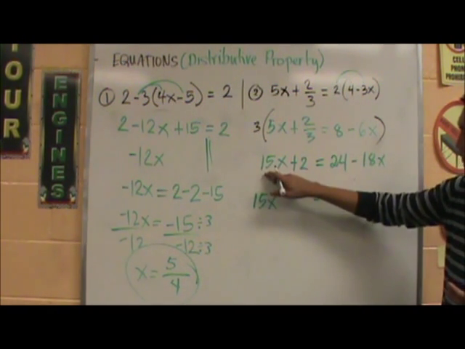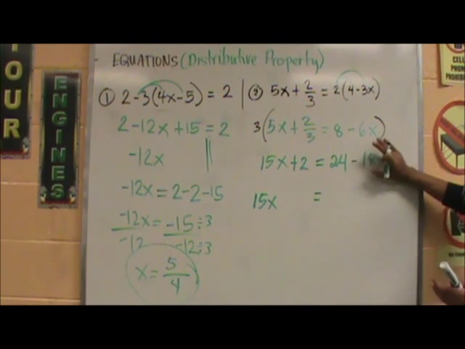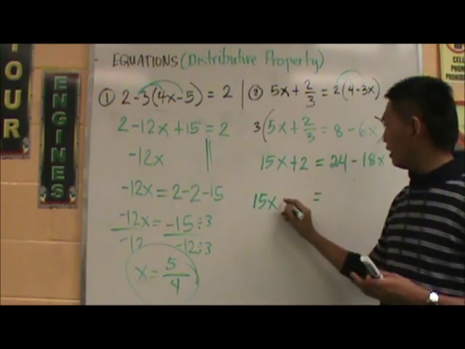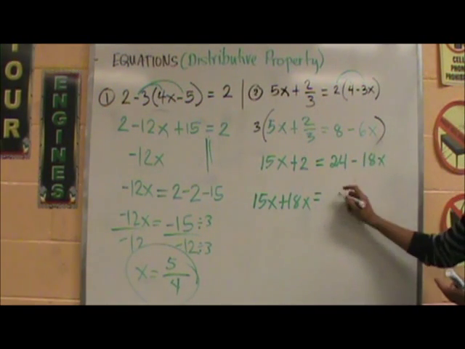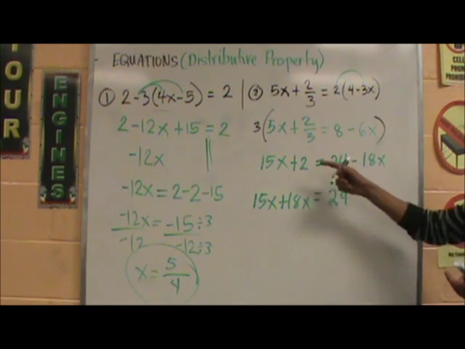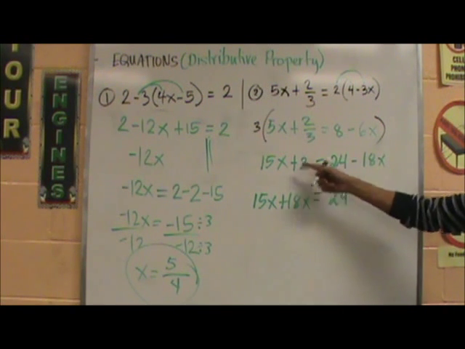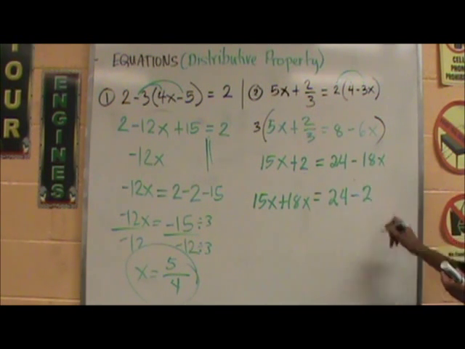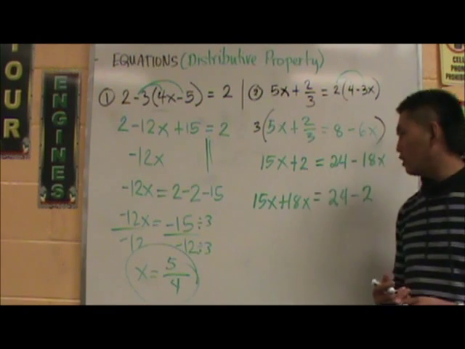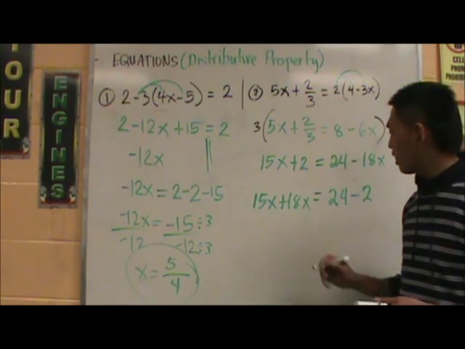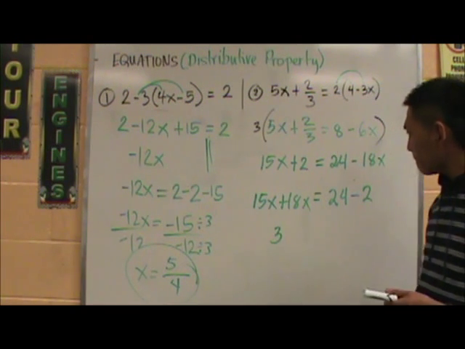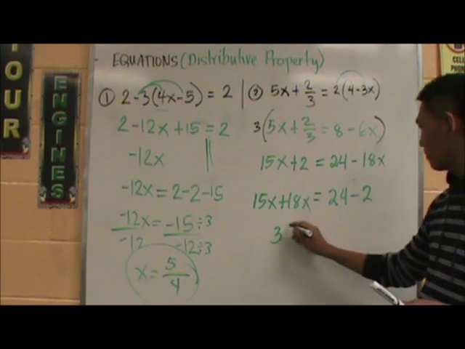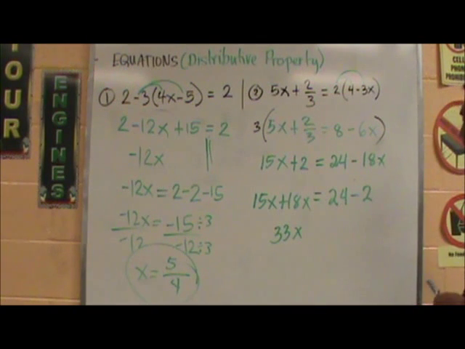So see that 15, I dropped it down, and now I have negative, and I need it over, it becomes positive 18x. Write that down. And that positive 2, move it over, becomes minus 2. And now I have 15 plus 18, and that would be 33x.